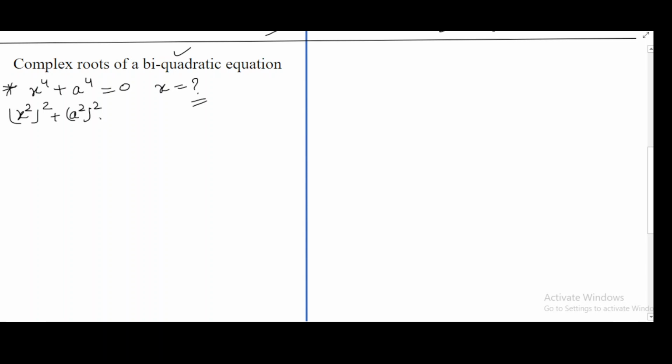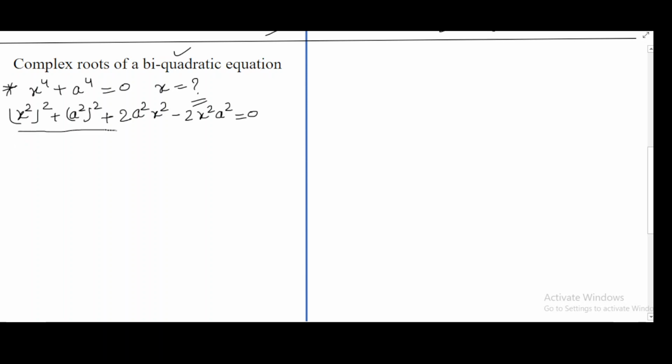In order to do that, I need to add 2a square x square and subtract 2x square a square, equal to 0. By doing this, I have got a benefit.